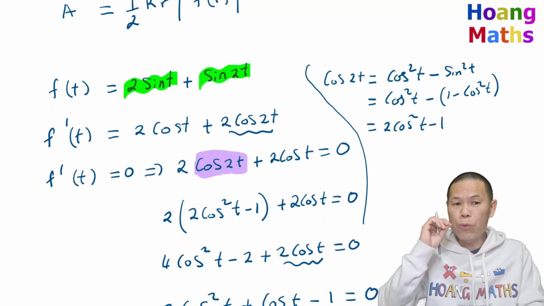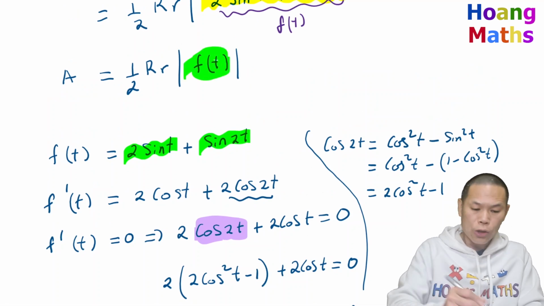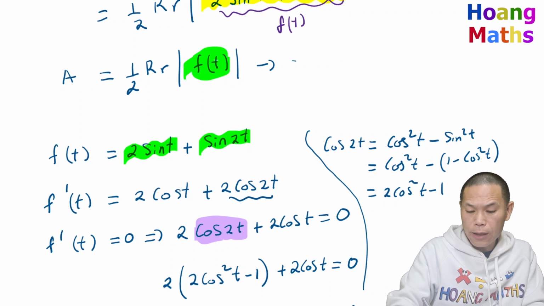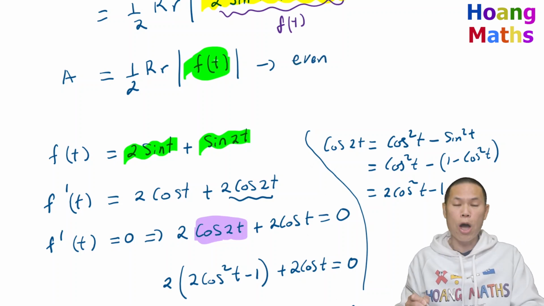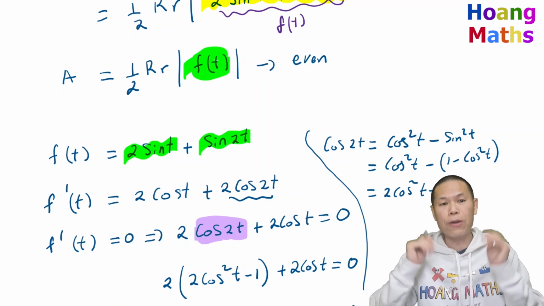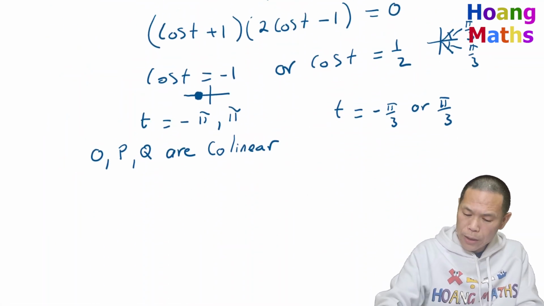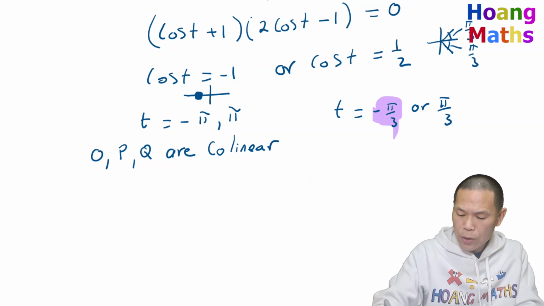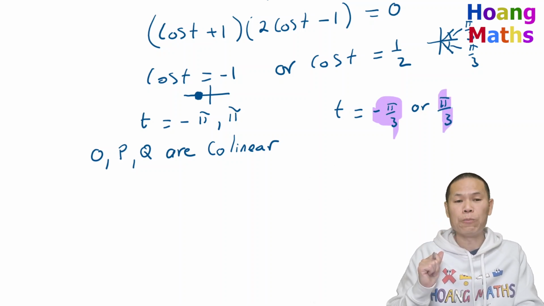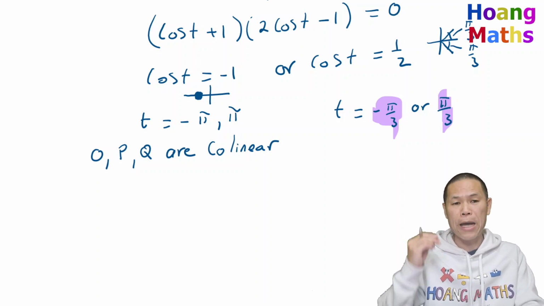Therefore, if we take the absolute value of f of t, this is an even function. Keep that in mind. If we take the absolute value of an odd function, we get an even function. So in other words, t equal to negative pi over 3 and t equal to pi over 3 give us the same value. So we just need to test one of them to make sure it is a maximum.